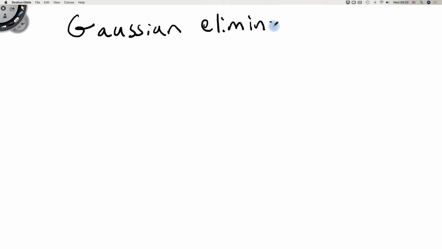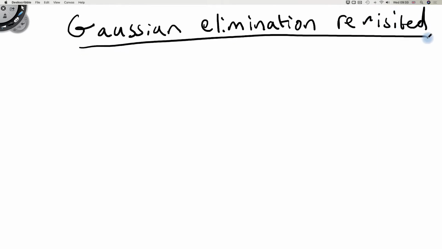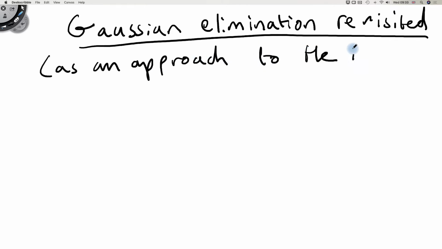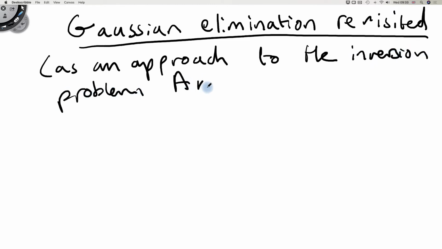And there's a good reason why I want to do this, because we're going to see this through as an approach to the inversion problem. So this is the first topic, if you like.